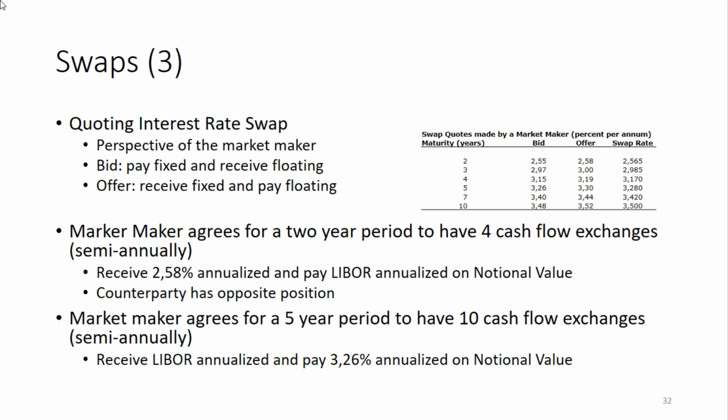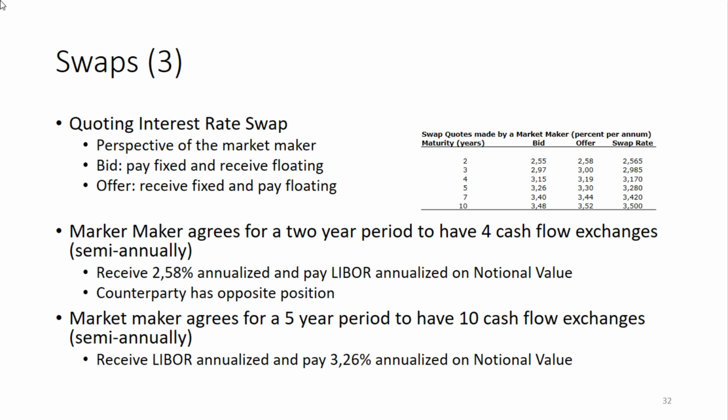So these are quotes that are made for an interest rate swap. These are the fixed rates that the market maker is prepared to pay or to receive in fixed terms, and then to get floating.